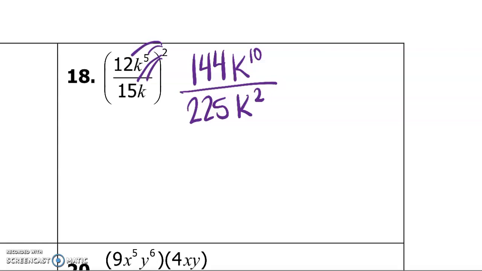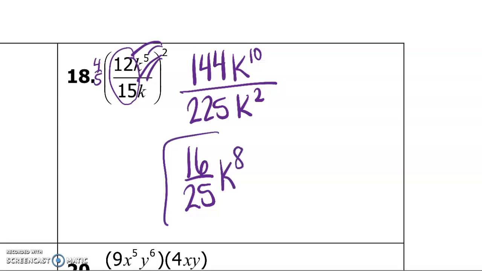So 144 over 225 simplifies to 16 over 25. You actually could have simplified this first to 4/5 if you wanted to, before squaring it. And then we would have k to the 8th after we subtract.